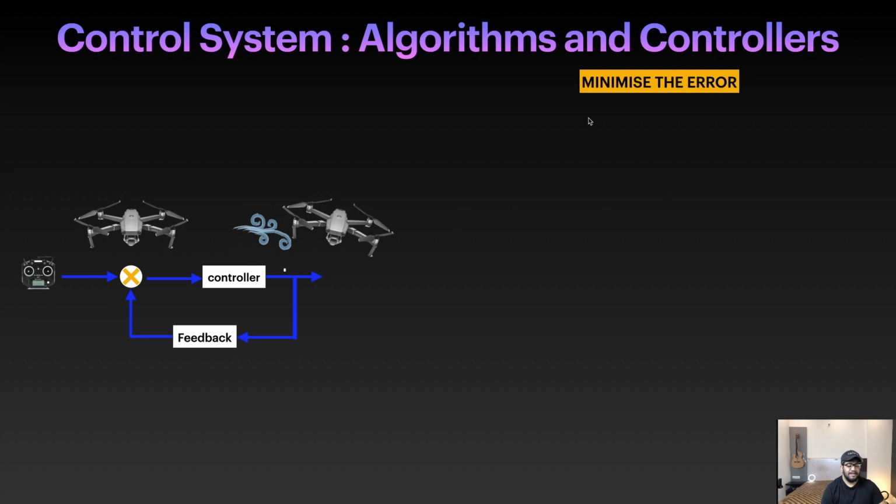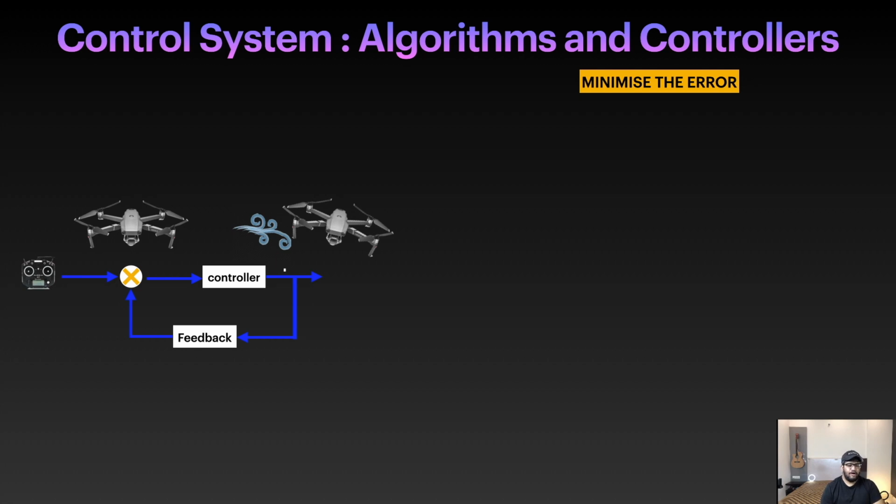To minimize this error, the flight controller implements different algorithms and controllers, and these are part of the entire control system. These are nothing but a set of instructions or programming which implement mathematical formulas and algorithms.